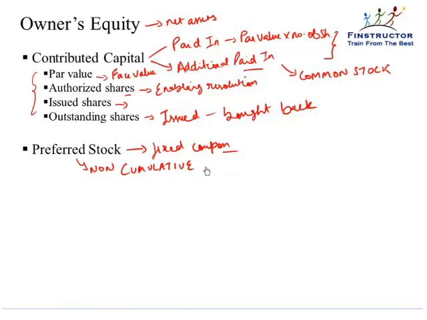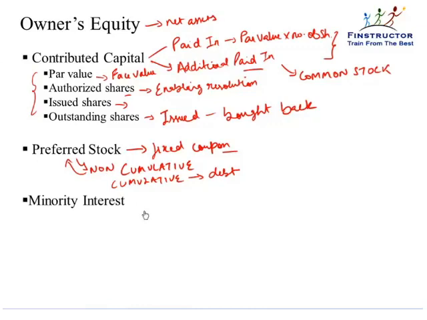That is, next year the company is not liable to pay double the amount, or the coupon payment does not accumulate over the periods. If it's missed, it's missed. As against cumulative preferred stock, wherein if we miss the payment in one particular year, then it'll accrue and it'll have to be made in the later years.